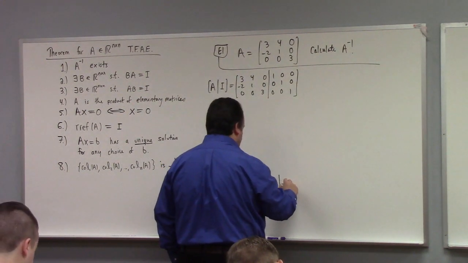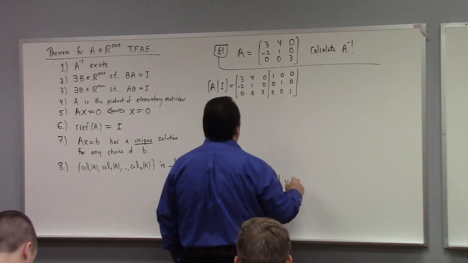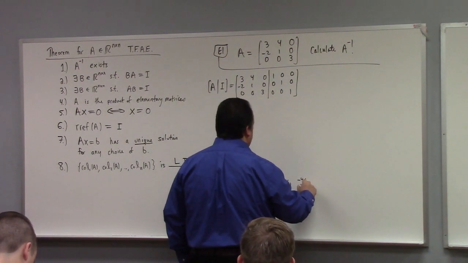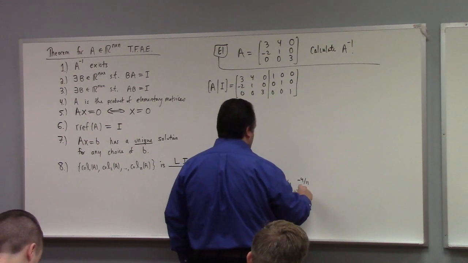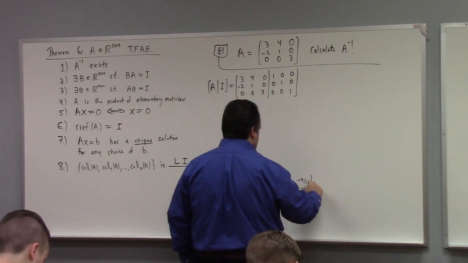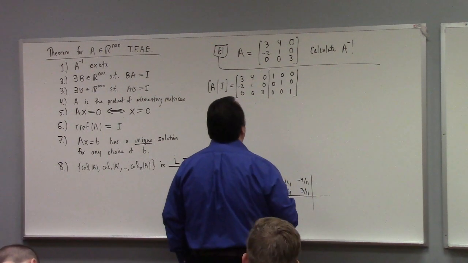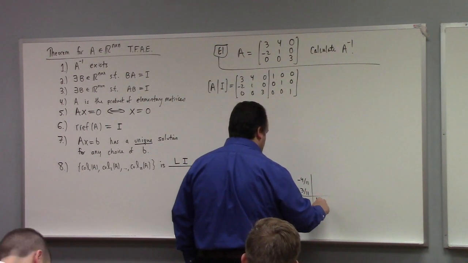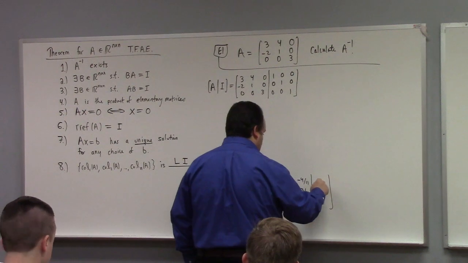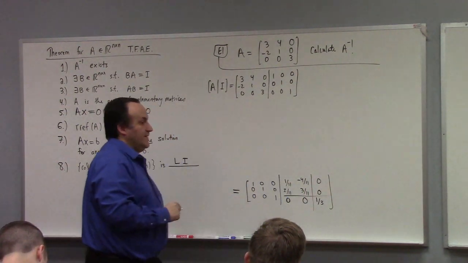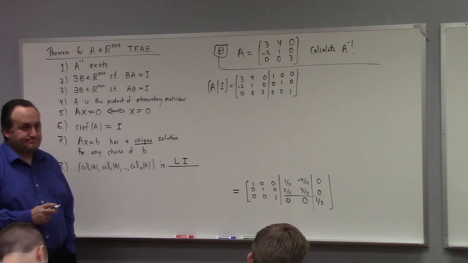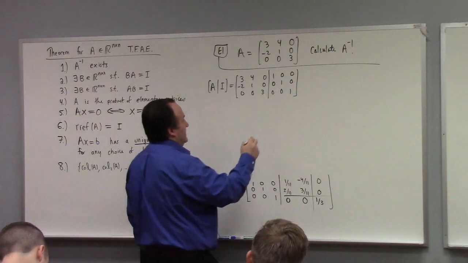I think it's going to work out to 1/11, minus 4/11, 2/11, 3/11, and 1/3. But you know what? Let's see if I'm right. That's my prediction after some row reductions. Okay, so let's see if we can do that.